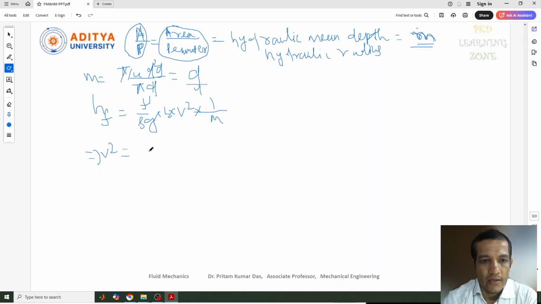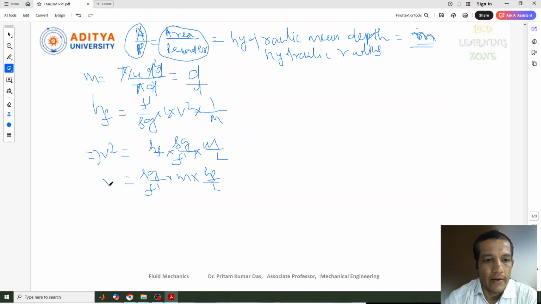So we can write hf into rho g by f dash, and L in the denominator, equals v square into m. Again, in this way, v square equals rho g by f dash into m into hf by L.